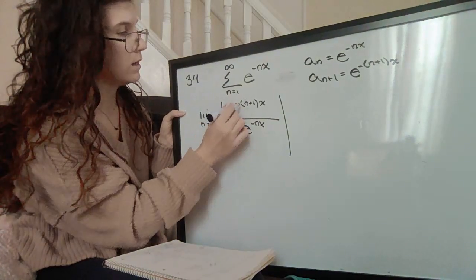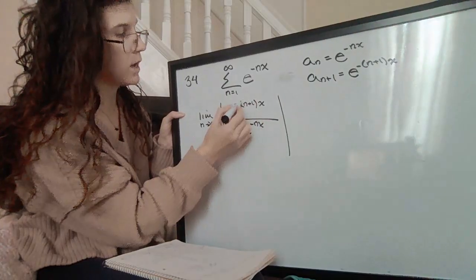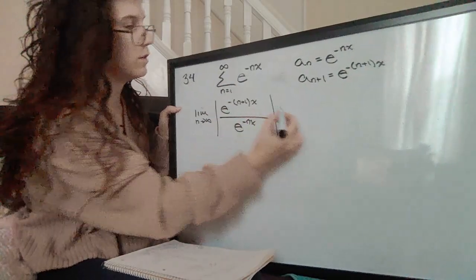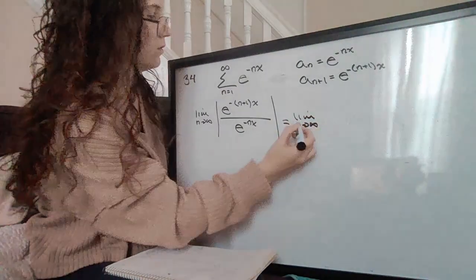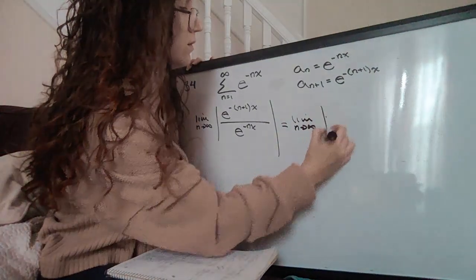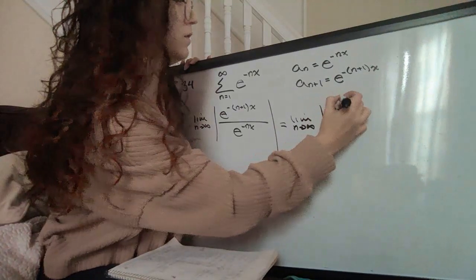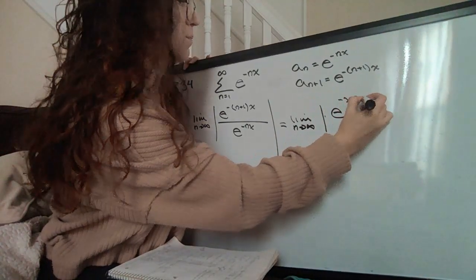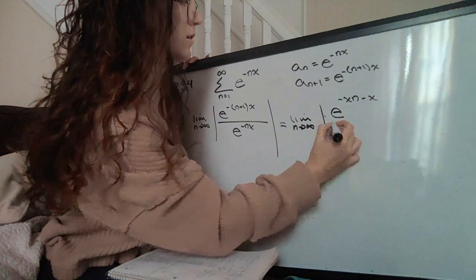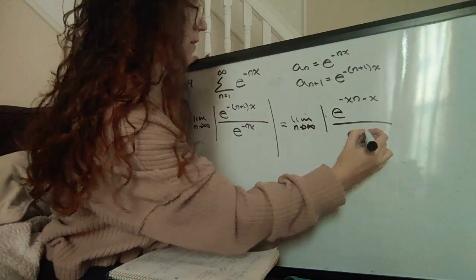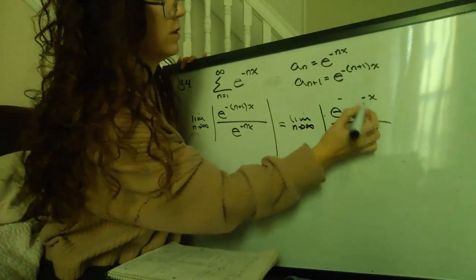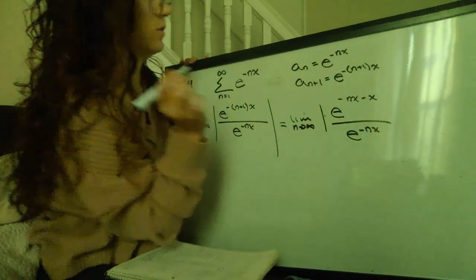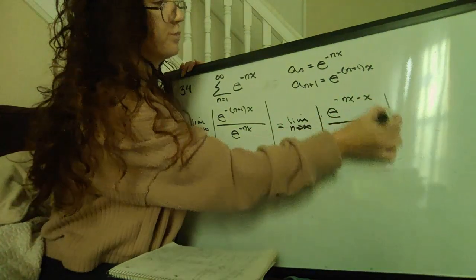So we'll say negative x times n and negative x times 1. So this will be e to the negative x n minus negative x over e to the negative n x. I'll switch these so they're in the same form.